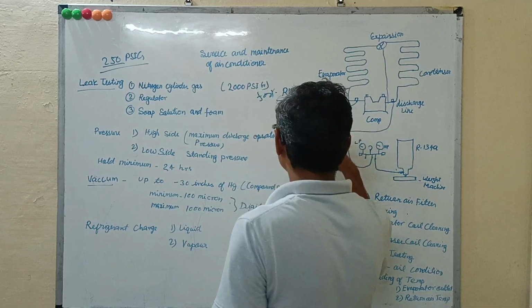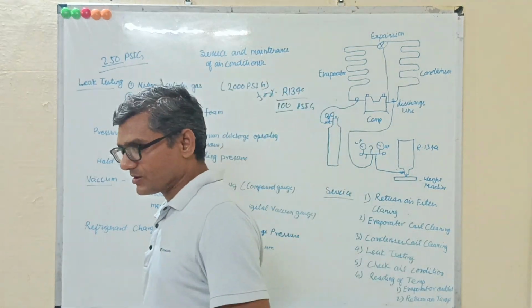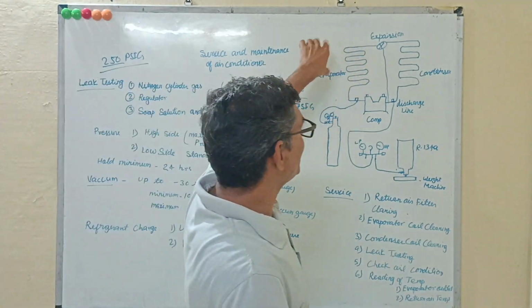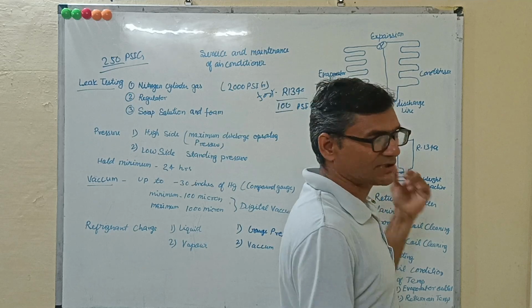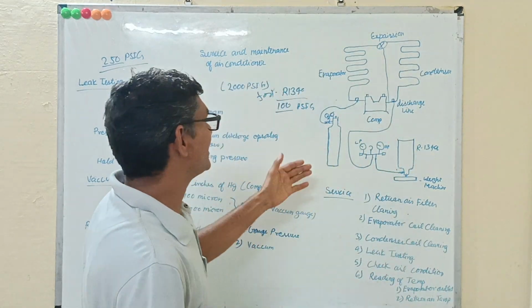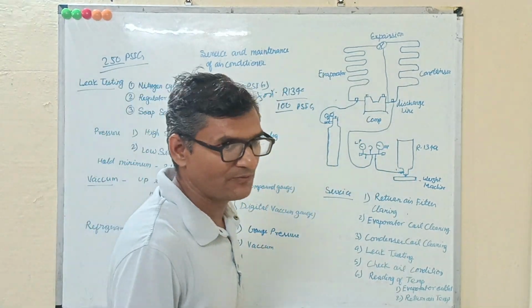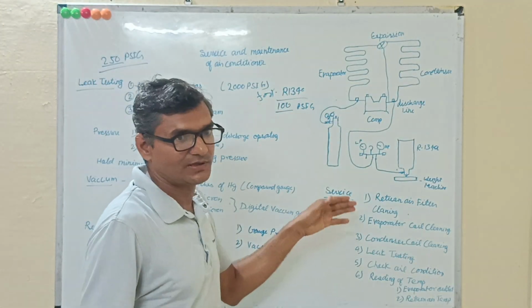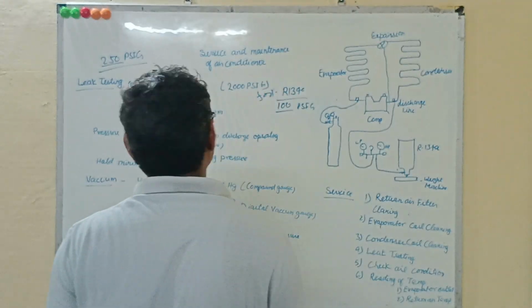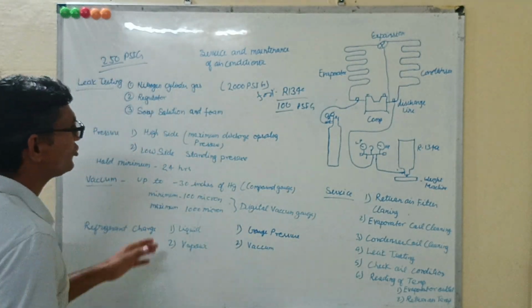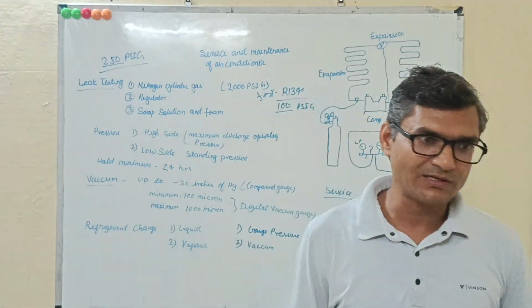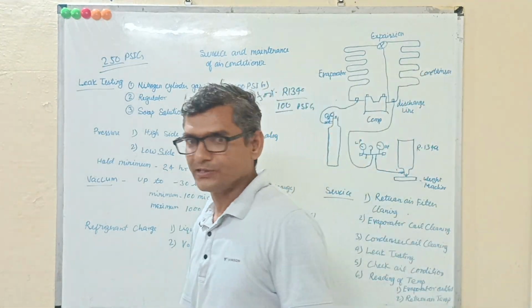But on the low side we cannot give 250 psi, because the low side is designed only up to the standing pressure. Otherwise some problem will come, the punch tubes or some valves may be damaged. So on the low side we can give only the standing pressure of nitrogen.